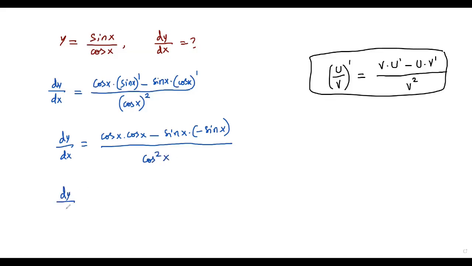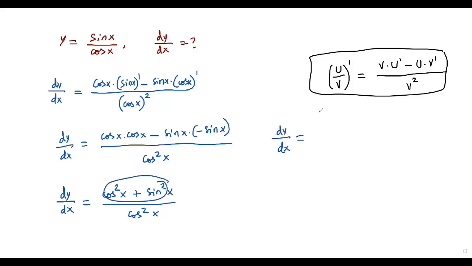So we get dy over dx equals cosine x times cosine x, which becomes cosine square x, and here negative times negative will become positive, sin x times sin x will become sin square x, over cosine square x. According to the Pythagorean identity, the value of cosine square x plus sin square x is just 1. So we can write 1 over cosine square x.